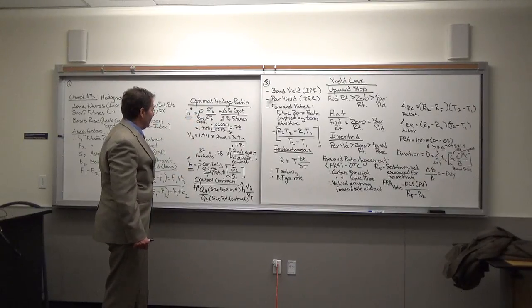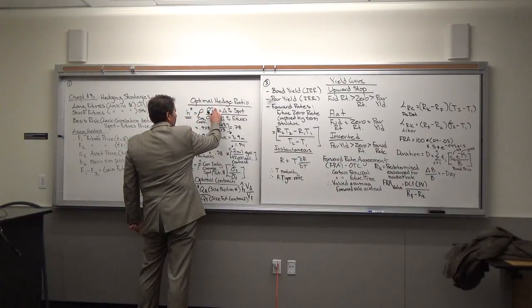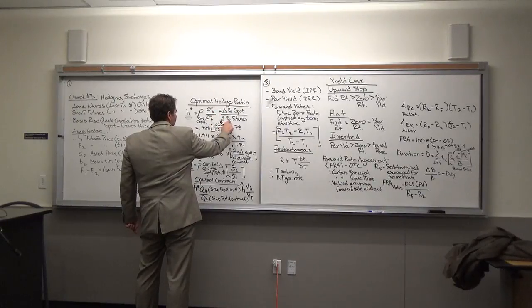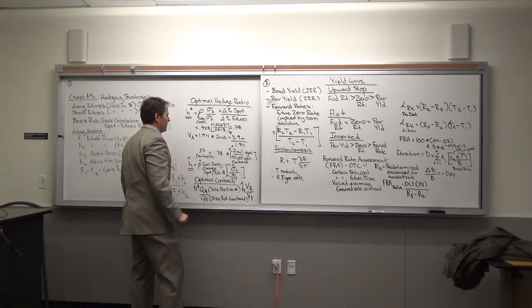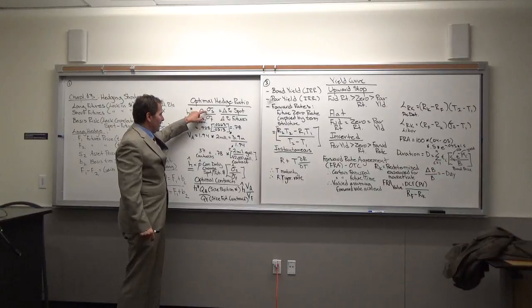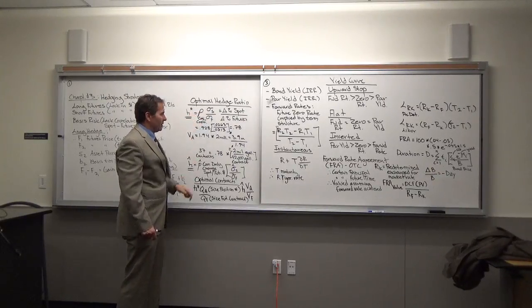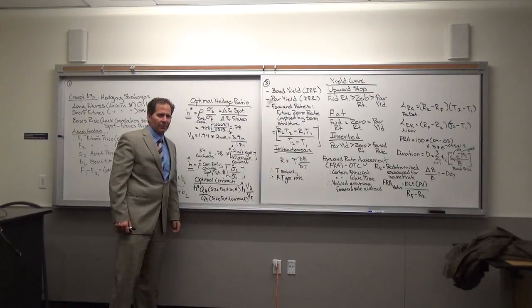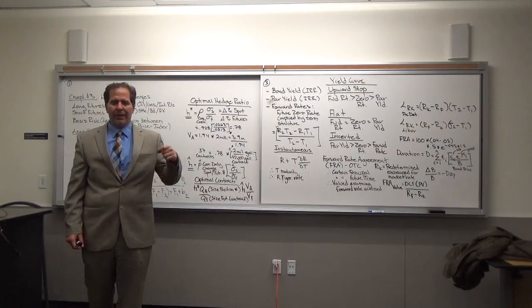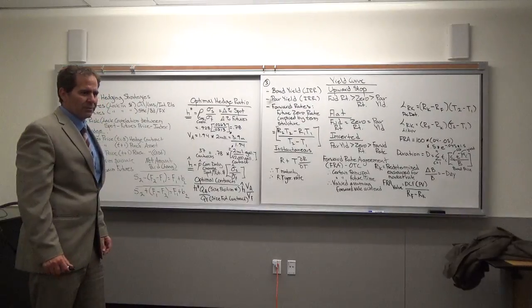Basically, this is the change in the price, and this is the change in the price. So it's the volatility of the spot price divided by the volatility of the futures price, times the correlation coefficient between the spot price and the futures price.